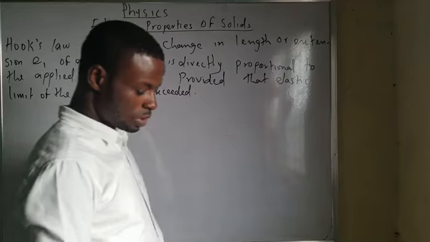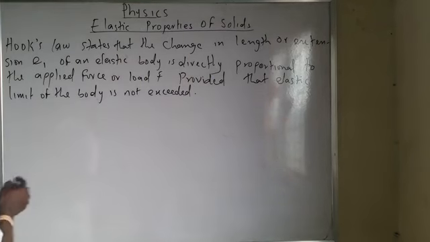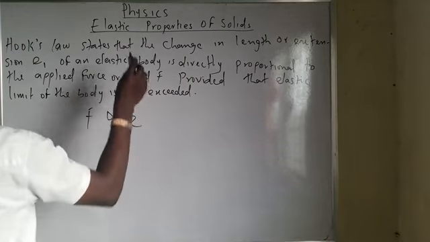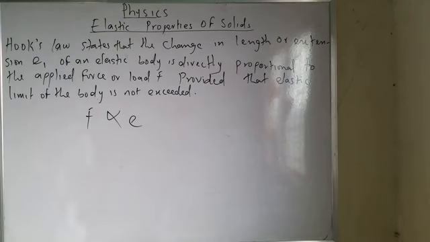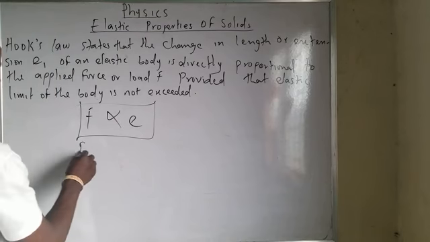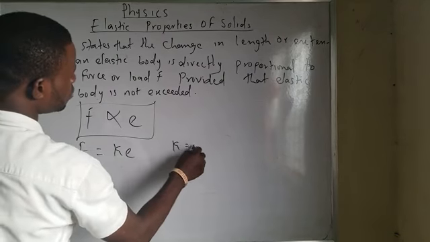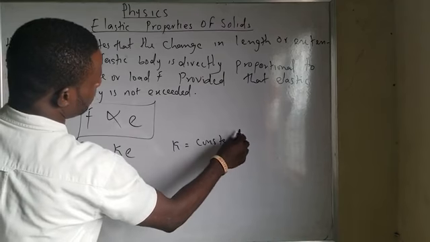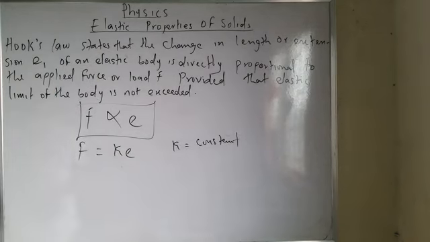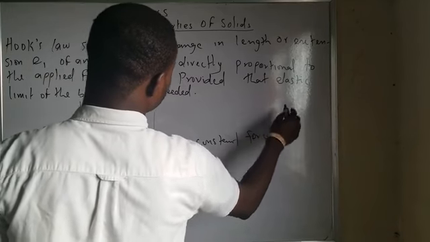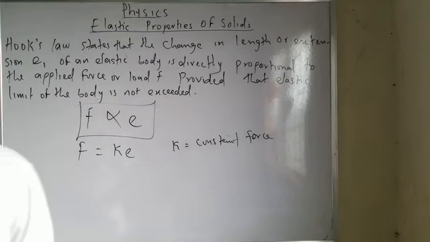It means that our force is directly proportional to e. Normally this is variation in mathematics. Now, I can say that F equals K e, where K is known as the constant.